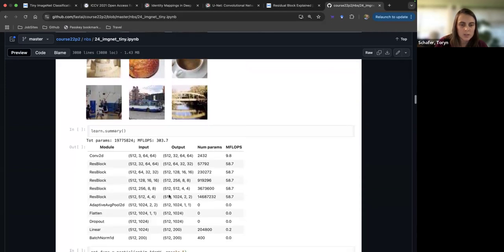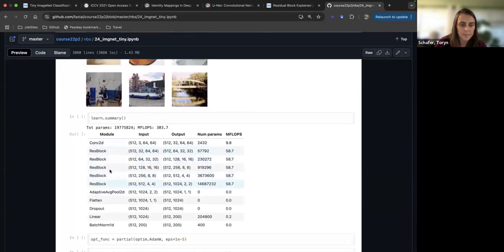Okay, and then this was the summary of this model. He mentioned here that if we look in this megaflops column, we're going from 64 by 64, and we are increasing the features but decreasing the size. So these are all the same megaflops.